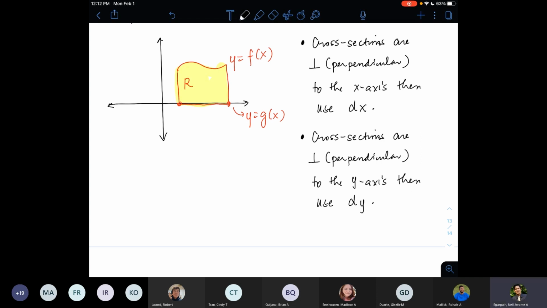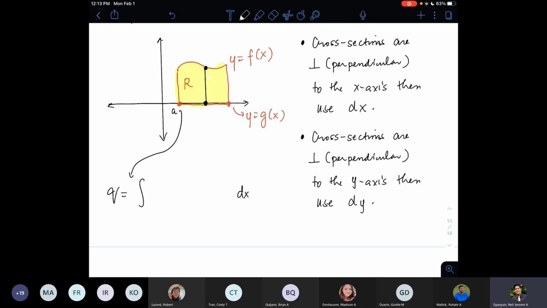And then say here, for this particular illustration, the cross sections are perpendicular to the x-axis. So that means you will have vertical strips over here. So the volume will be given by an integral with respect to x. I need the bounds for x.